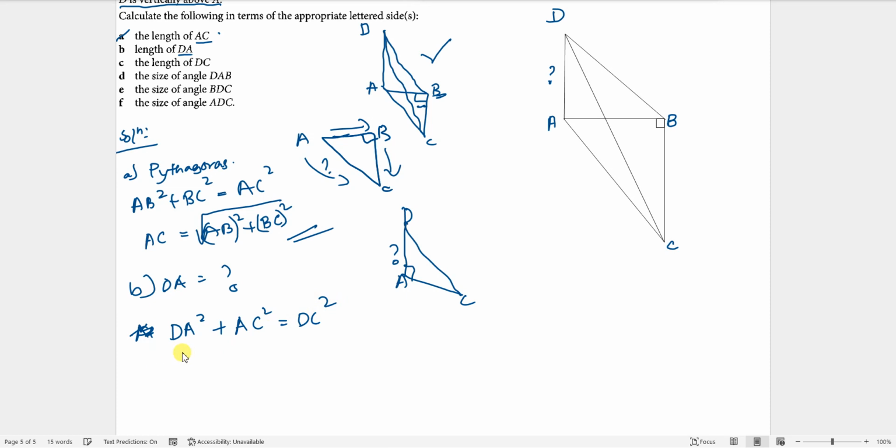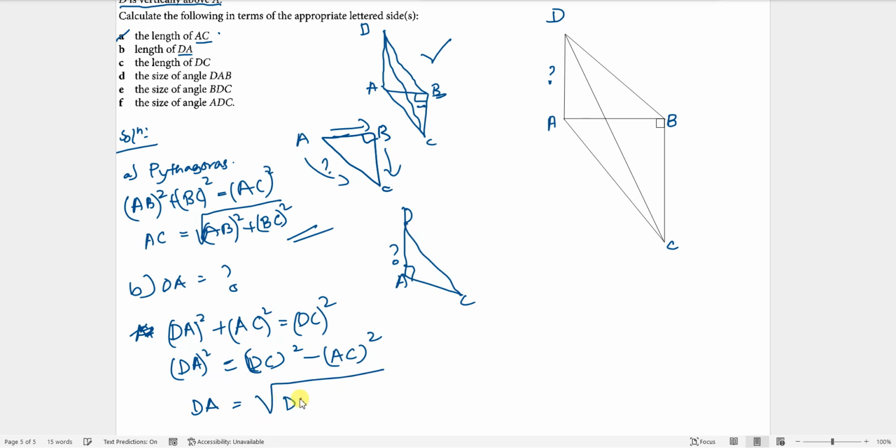So DA square equals DC square minus AC square, so DA equals root over DC square minus AC square. This is the answer to your part B.